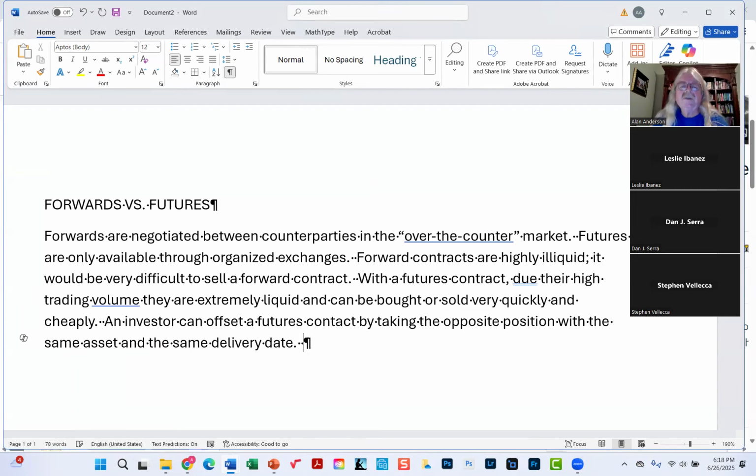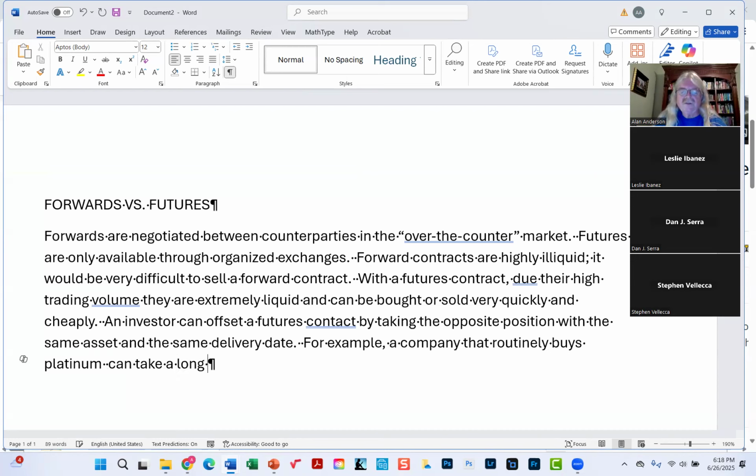So just as a quick example, a company that routinely buys platinum can take a long futures position to buy platinum on September 1st.